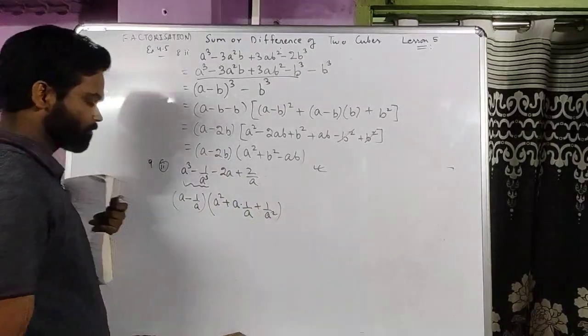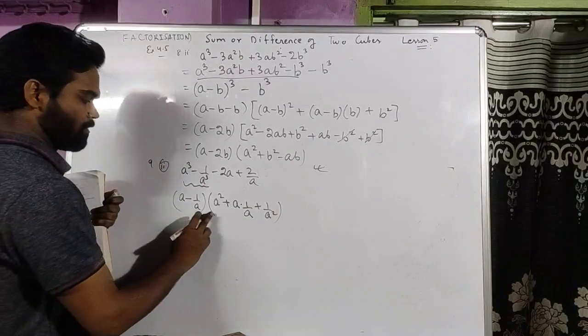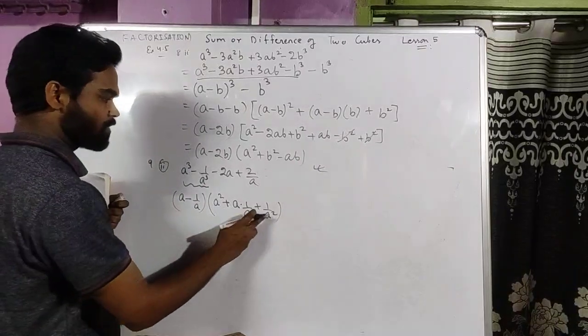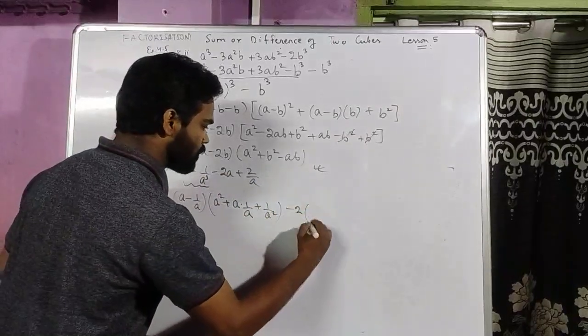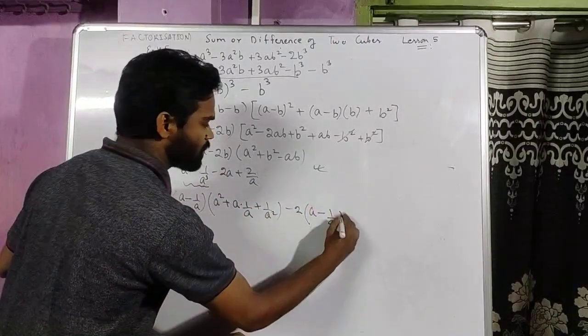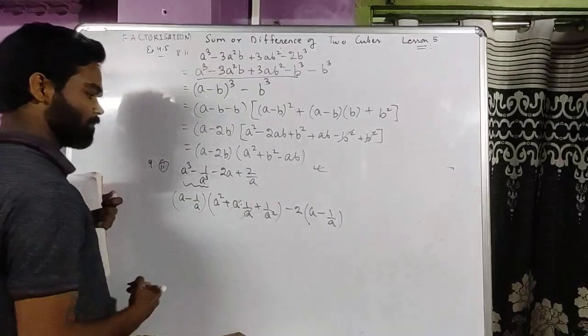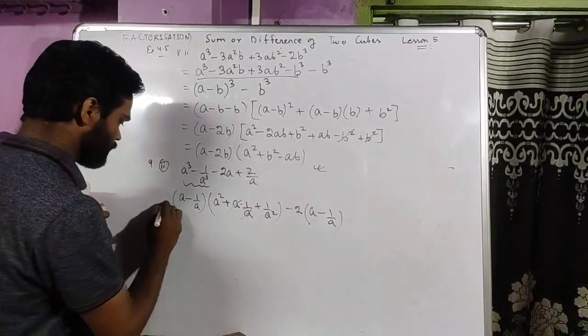Am I correct? A minus b, a square plus ab plus b square, and this, if you take minus 2 common, becomes a minus 1 by a. So this goes away. So what is left?